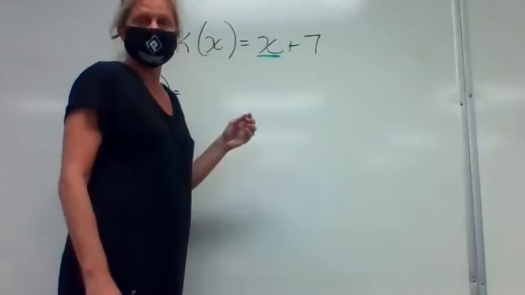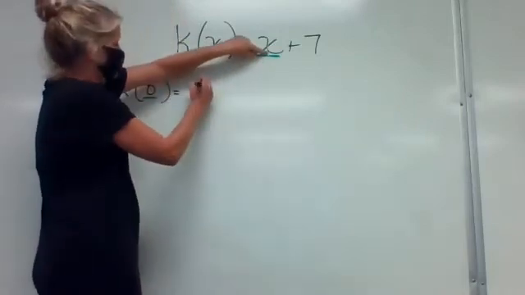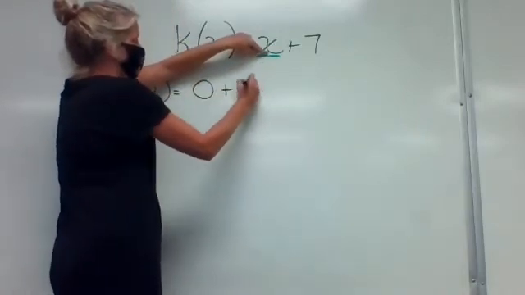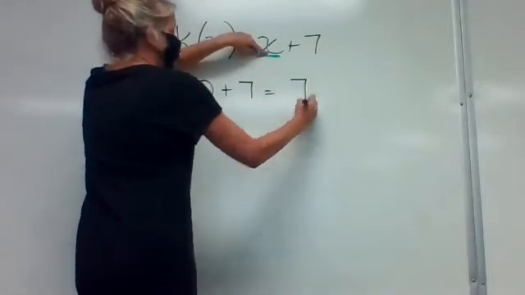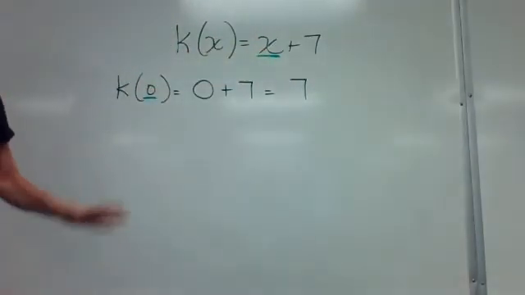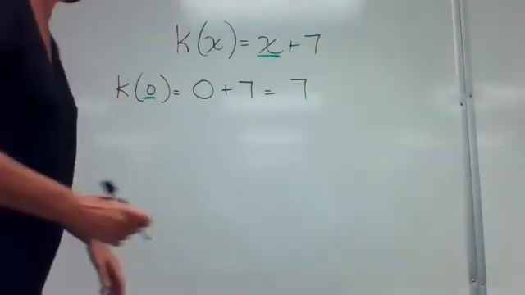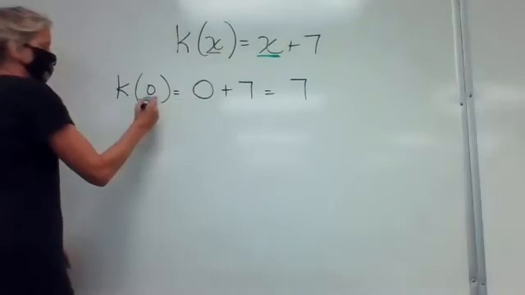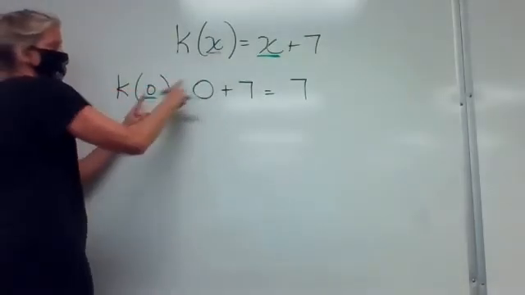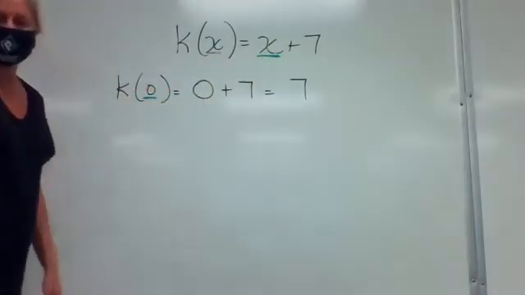So I just put a 0 in there and see what it does. If I put the 0 in place of the X, 0 plus 7 gives you 7. That's it. You're just replacing the X with whatever's in the parentheses. The X turned into a 0.